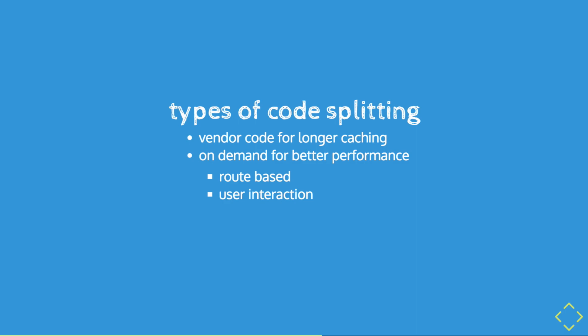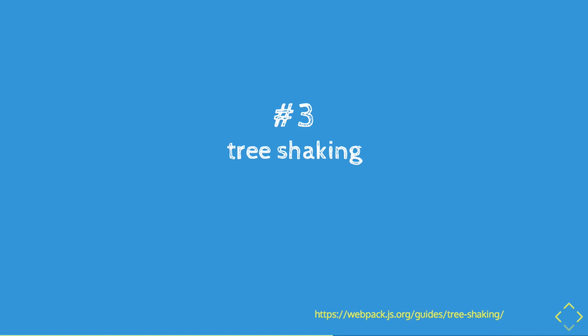All right. So next up, third major difference is tree shaking. That was made popular by the Rollup library, so this one isn't exclusive to Webpack. But the idea behind tree shaking is to keep the unused code out of the final bundle. So dead code removal, or as Webpack describes it, and they say more accurately, live code importing, which I think is a reference back to walking the tree.